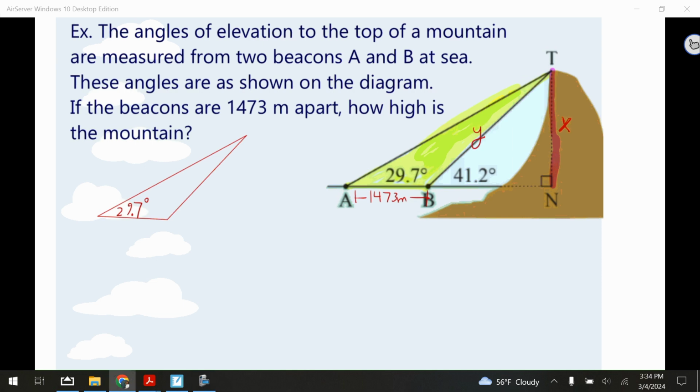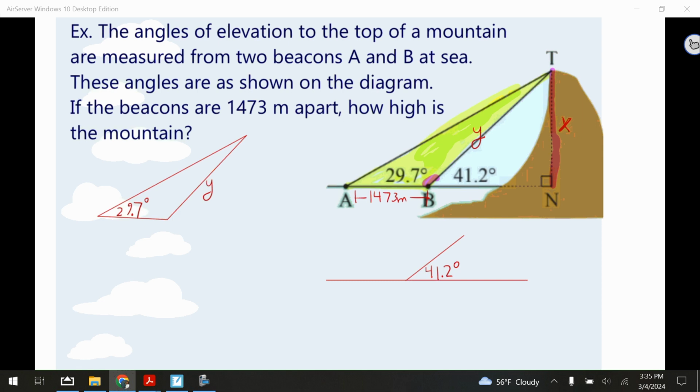We know we're trying to find Y. The angle that I need that I don't have is this one, right here inside of the little yellow triangle, but adjacent to that angle. So if I redraw that part, I have my flat part, and inside here is 41.2 degrees.